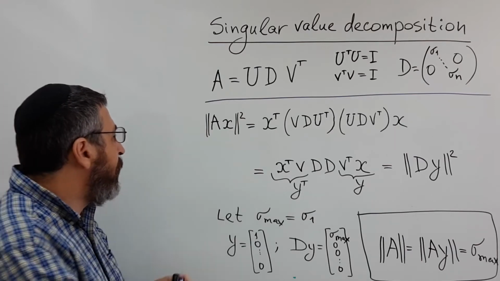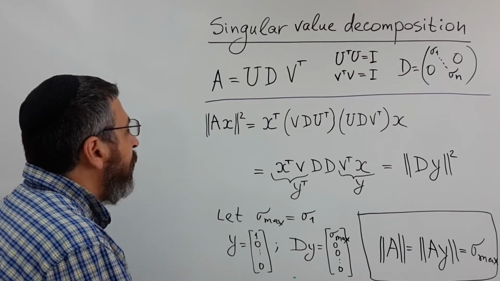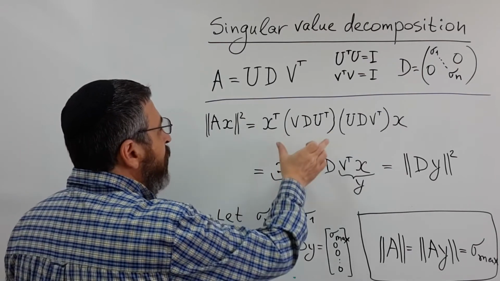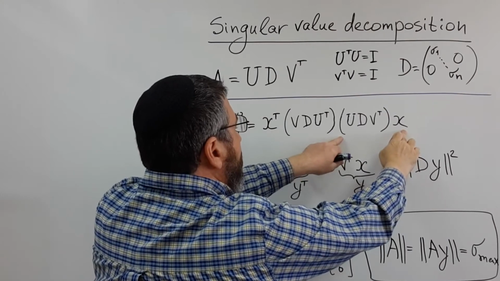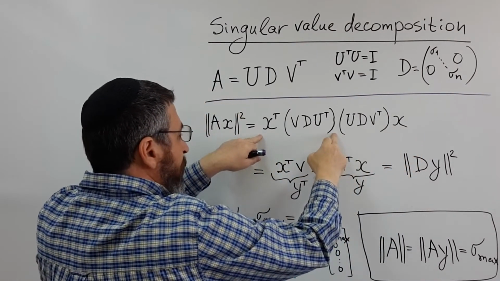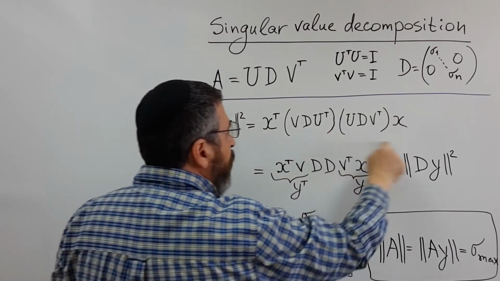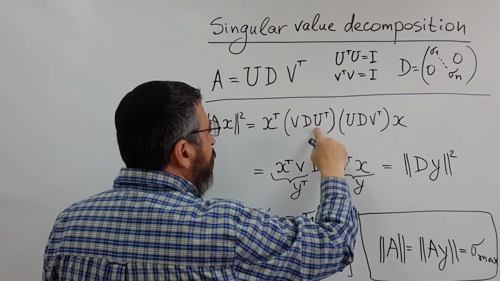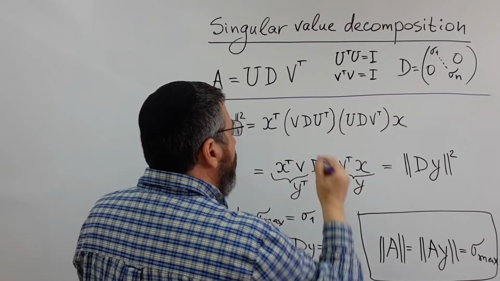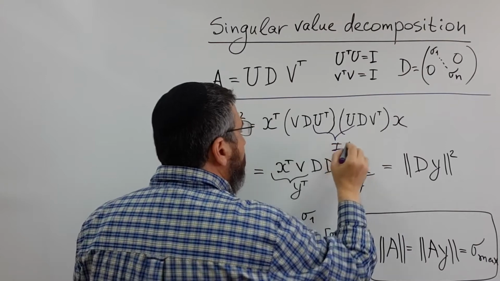Let's develop it. For the norm of AX, we just substitute this expression for AX, and here is its transpose. So we can put it all together, and also pay attention that U transpose U is the identity matrix.